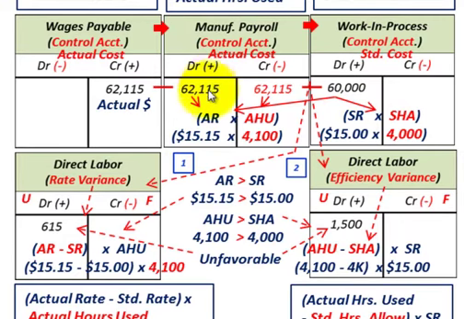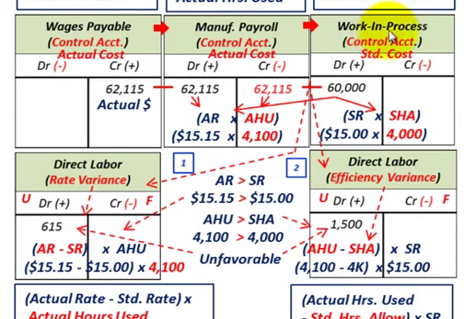So you can see there's a difference between what you're transferring out, the actual cost of $62,115, coming into the work in process account, and what we record at the standard cost of $60,000.